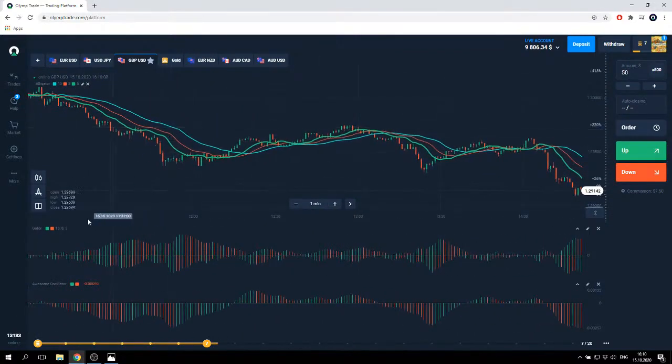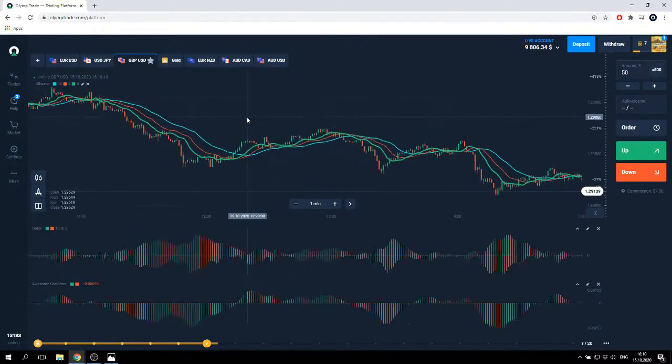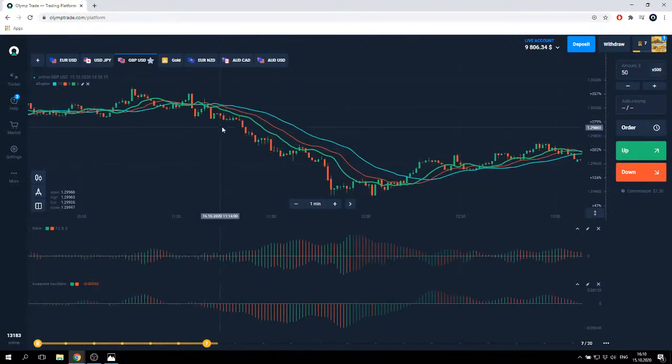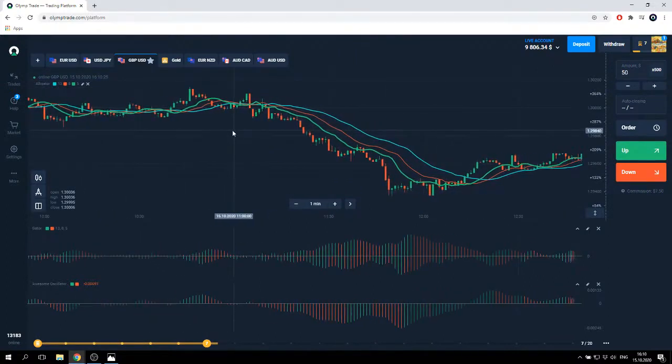But we do need a combination with the gator, and how we are going to use and combine the gator, I'll tell you in some time. But for example, if you go to the history of the markets, the history candles, we definitely see here that our lips are falling down.